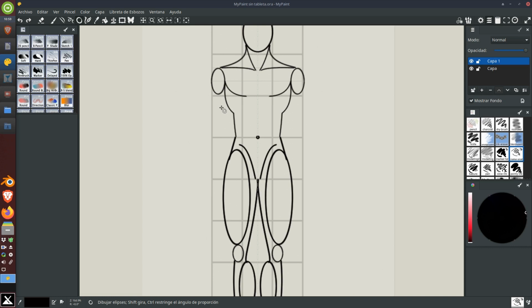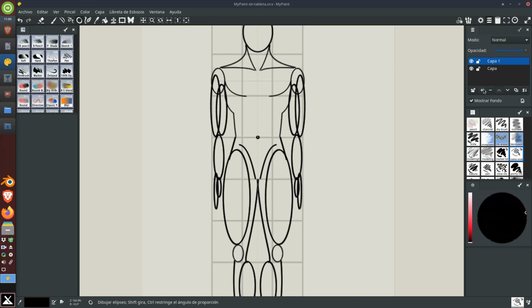Let's draw the biceps a little bit below, something like that. There it is. Then we have the triceps, which is a little bit higher. Nice. The forearm. That's nice. And finally, the thumb and the hand. That's nice.